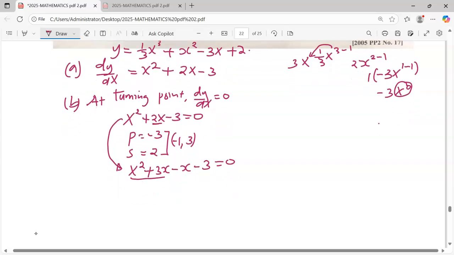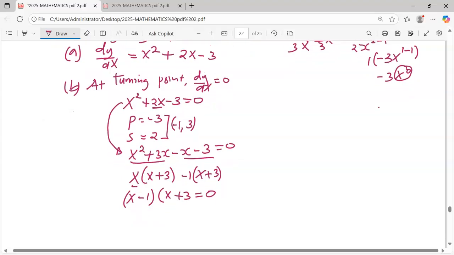For x squared plus 3x, x is common, so we are going to have x outside into x plus 3. Then we come here, the brackets must be the same in this case. So with x and positive 3, we are going to put negative 1 outside, such that we have x minus 1, then x plus 3, and this is going to be equal to 0.